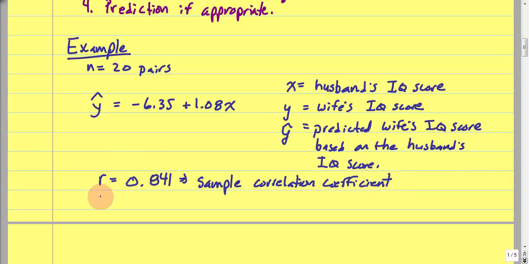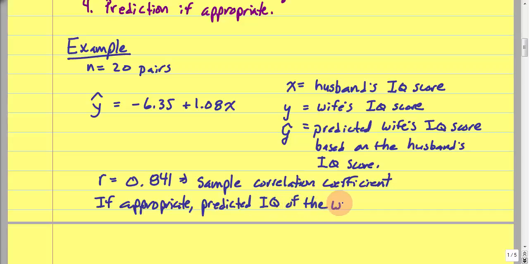And then we're given this information, if appropriate, let's go ahead and look at the predicted IQ of the wife. So that's y hat. Given, we know the husband has an IQ of 94.